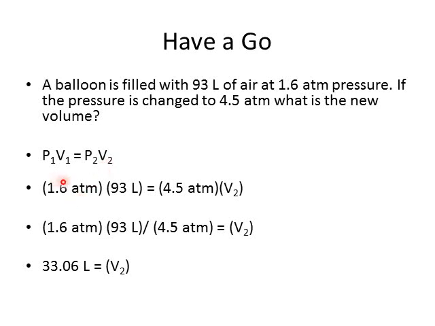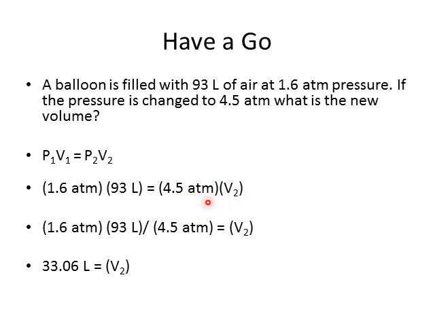So I have 1.6 atmospheres times 93 litres is equal to 4.5 atmospheres times V2. Now it's a good idea to write in your units here, and I'll explain why in a moment. The first thing I want to do is transpose this formula, so I have my unknown on one side and all my knowns on the other side. I look at the relationship between the 4.5 and the V2, and I see they're multiplied by each other.